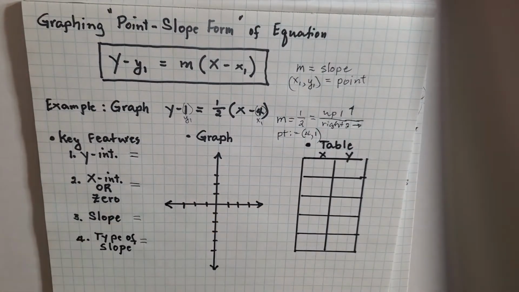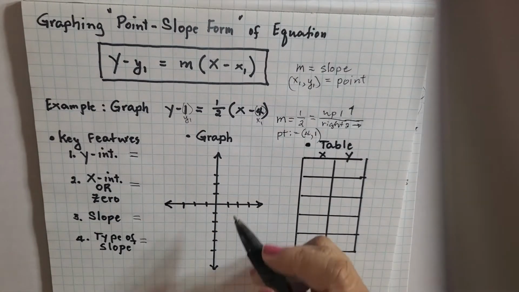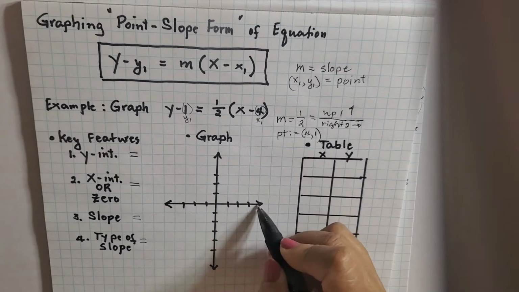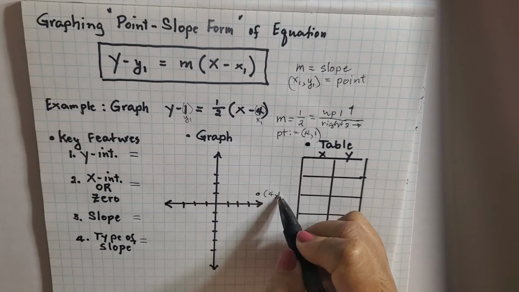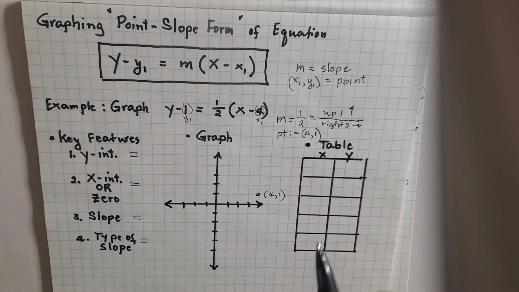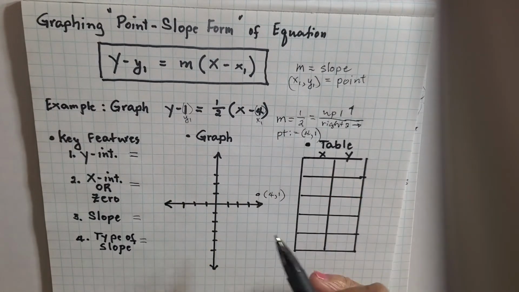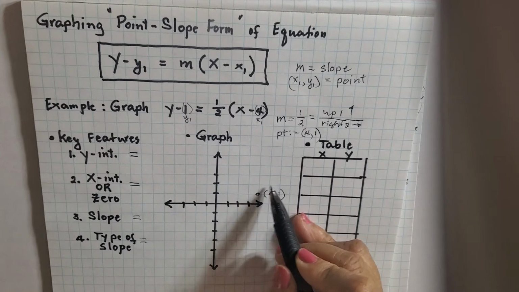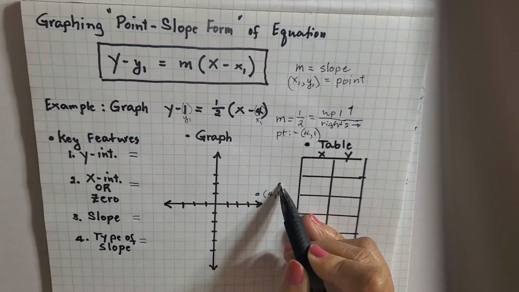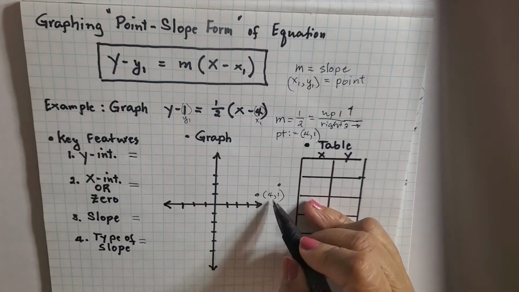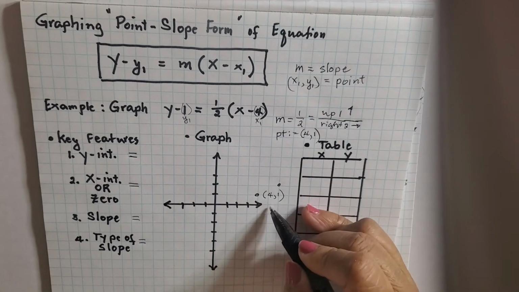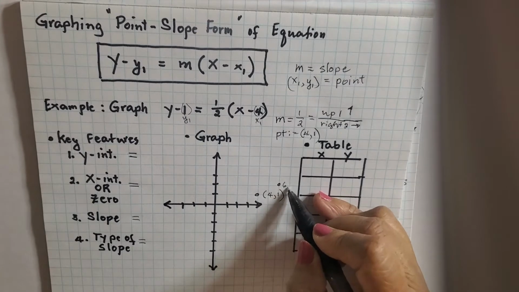Okay, so let us begin graphing. We have 1, 2, 3, 4, 1, and I'm going to label it 4, 1. To determine the next point, I follow the movement. I go up 1, to the right 2, point. And I know the coordinate of this point will be what? 6, 2.